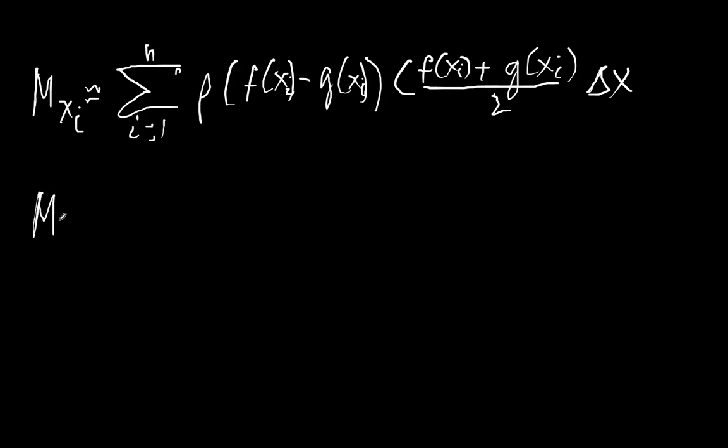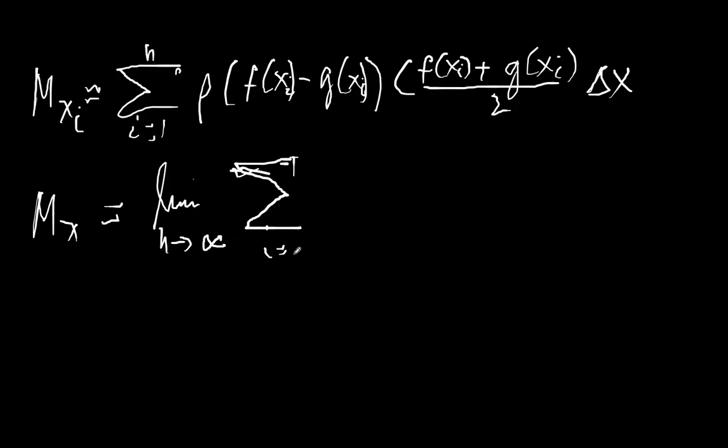So for us to get the exact value of this, we need to get the limit. Instead of making n partitions or rectangular representatives in a given lamina, we want to make it infinite, so we could get the exact value of the moment.